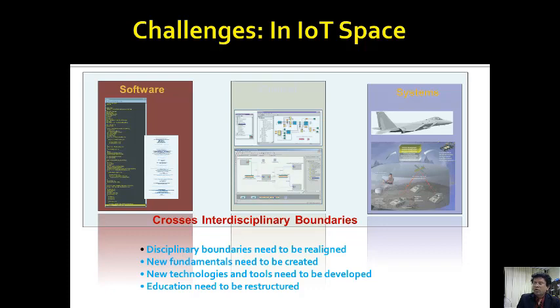The interdisciplinary boundaries need to be realigned, new fundamentals need to be created, new technologies and tools need to be developed, and education needs to be restructured, because we have a large variety of applications, and the right platform needs to be developed for the fast development of various applications.